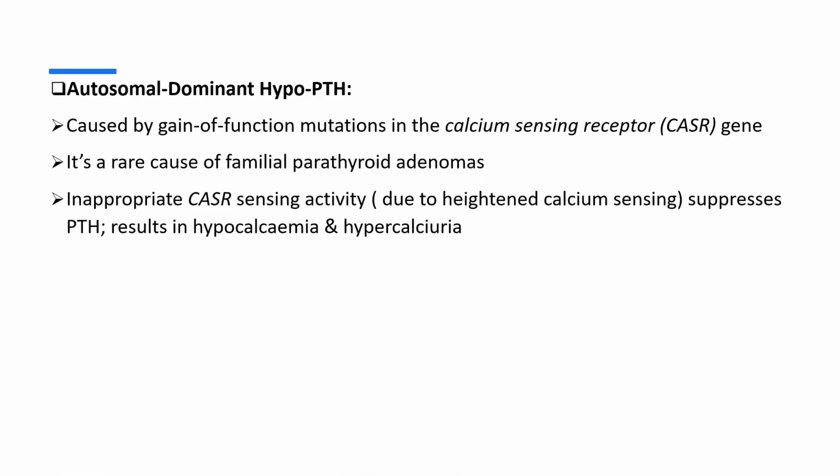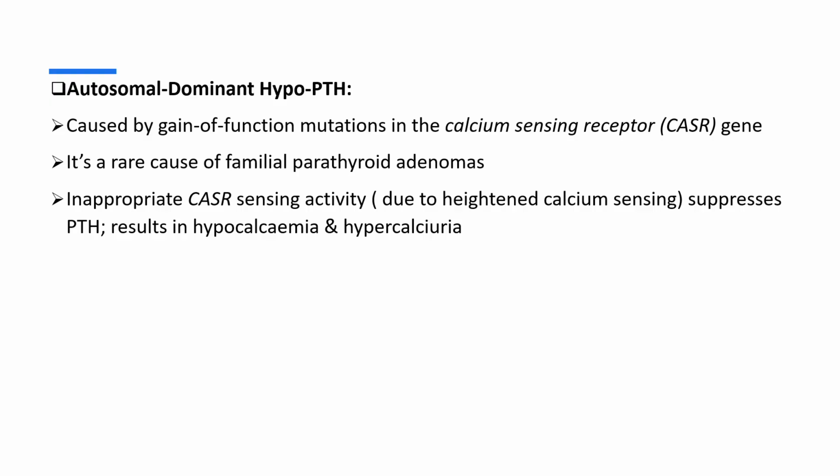And next is autosomal dominant hypoparathyroidism. What happens is there is a mutation in the calcium sensing receptor, and this is a rare cause of familial hypoparathyroidism. An inappropriate calcium sensing receptor results in a failure of parathyroid hormone formation, and that results in hypocalcemia and hypercalciuria.